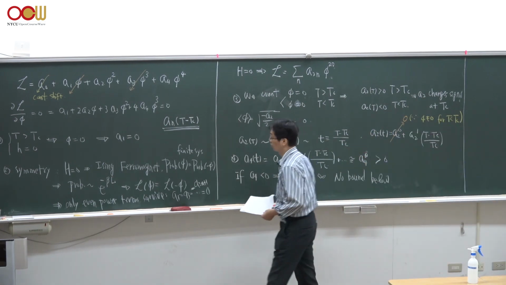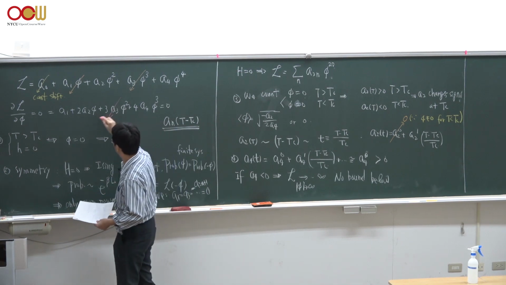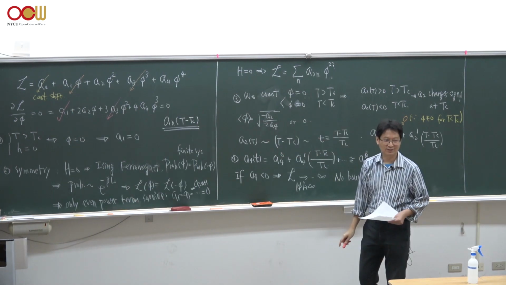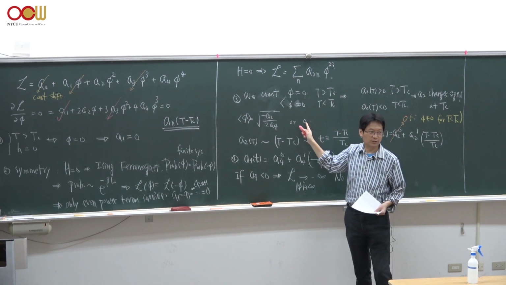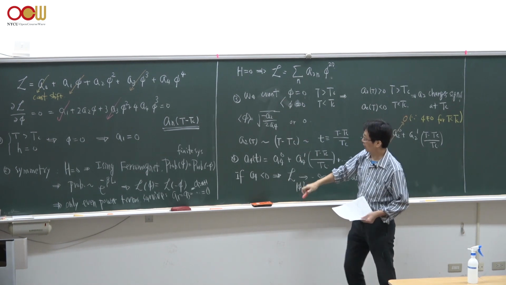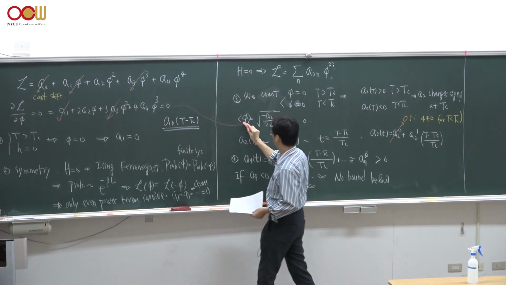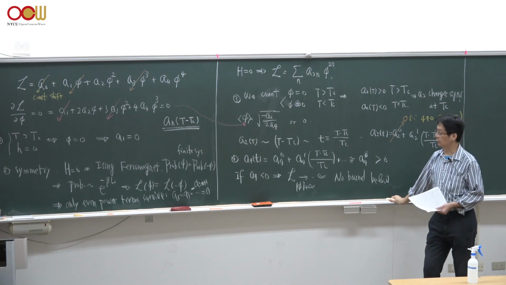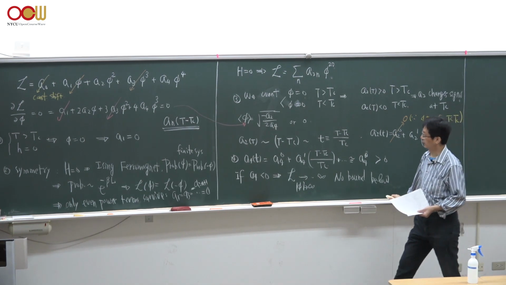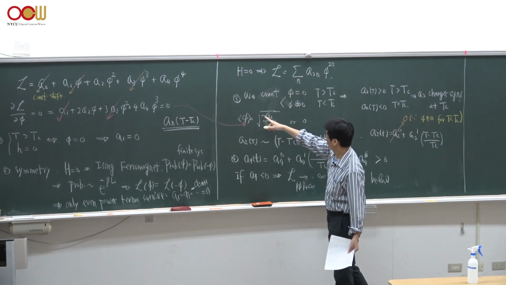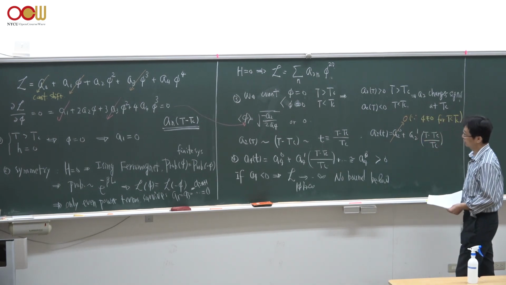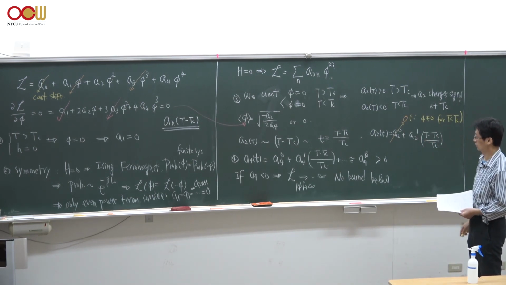You simply solve this equation, and you know how to solve that. Or phi is 0. So there are two possible roots of that equation, and one is 0, which is a trivial solution, which means that there is no order in the system. And in the case of the finite root, we get the square root of minus A2 divided by 2 times A4. And this should not be 0 when we have the ordered case.